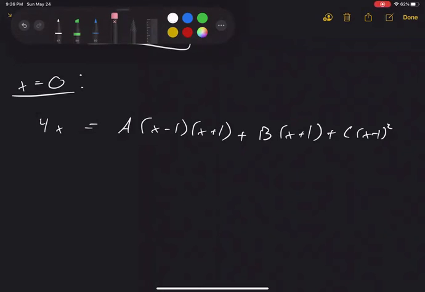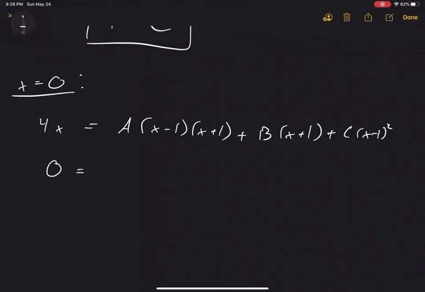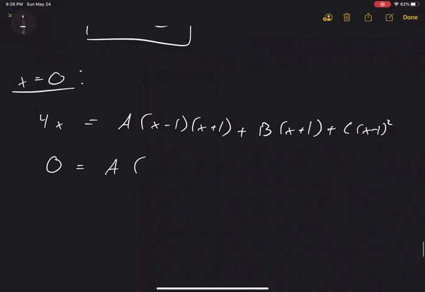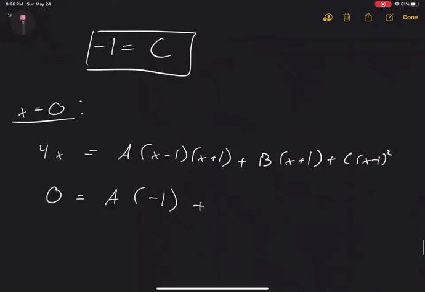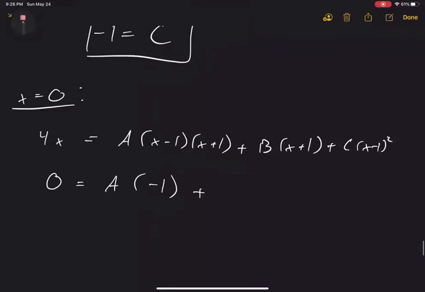On the left side, what am I going to get? I'm going to get 0. On the right side, I'll get a times, let's see, negative 1 times 1, so negative 1. I will plus b. We found b, right? b is equal to 2 times 0 plus 1, so 1, plus, well, c is negative 1, so minus 1 times negative 1 squared.